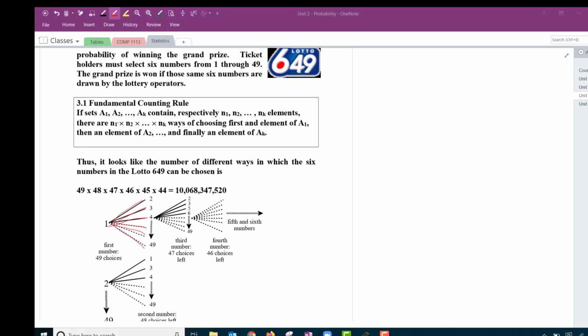After I pick the number 1, I'm left with 2 through 49. If my next number is, say, a 4, then I'm left with 2, 3, and then 5 to 49. And if I could count all of these pathways through, I could figure out how many different permutations there were.